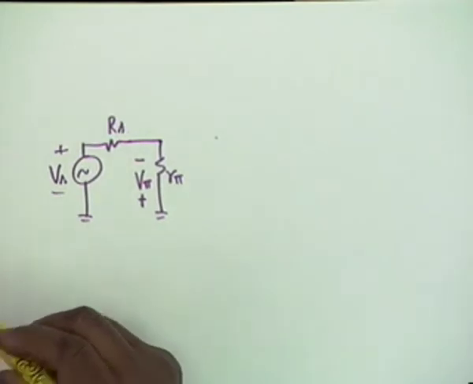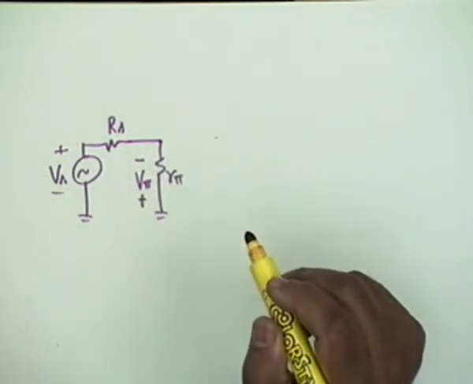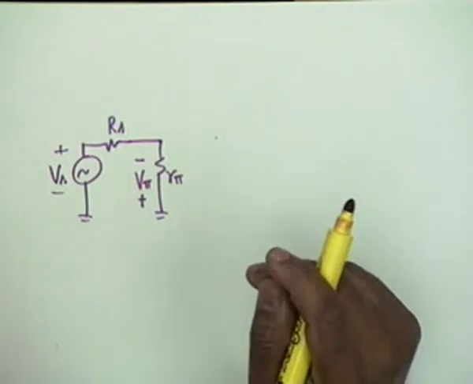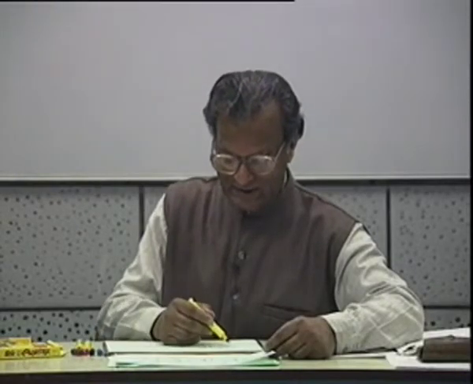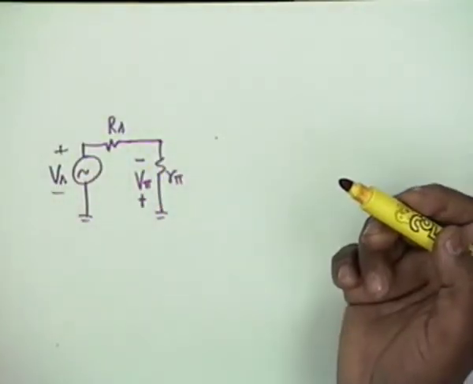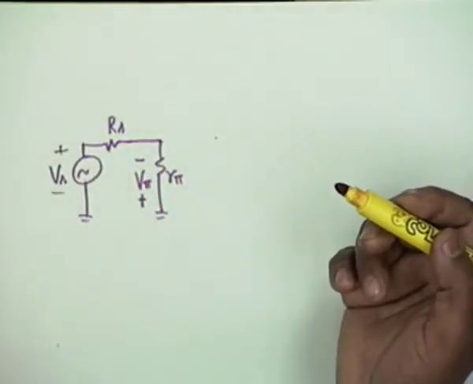This fact has to be recognized. Many people didn't recognize it. I graded question number 3, so I know many people didn't recognize it. So they wrote this current is Vs minus V pi by Rs. Obviously that is a Himalayan mistake.